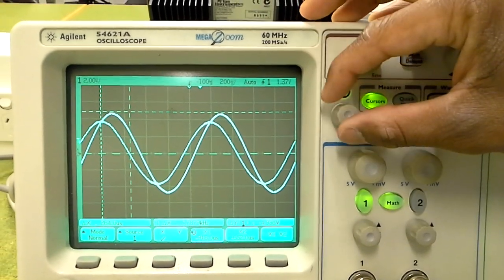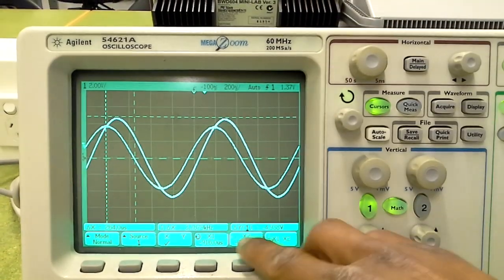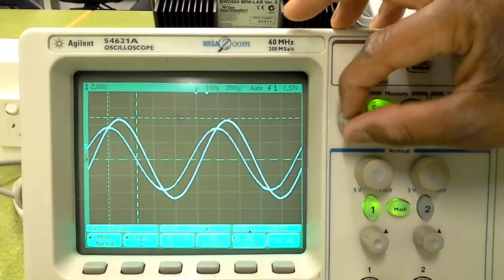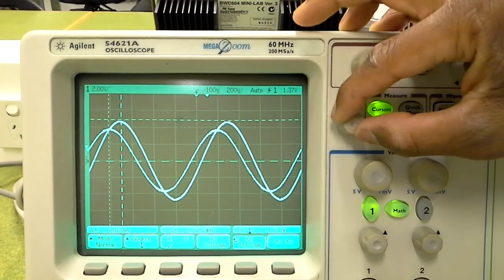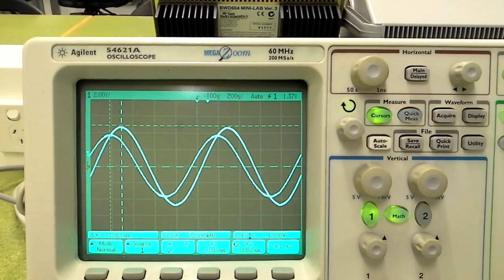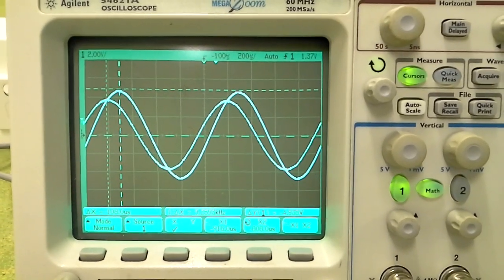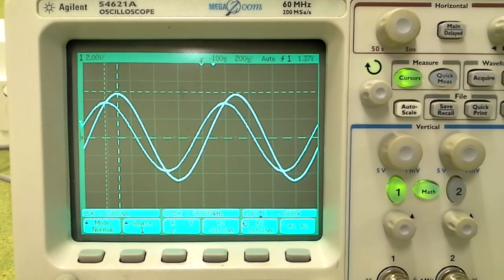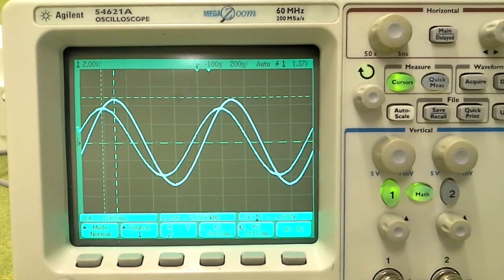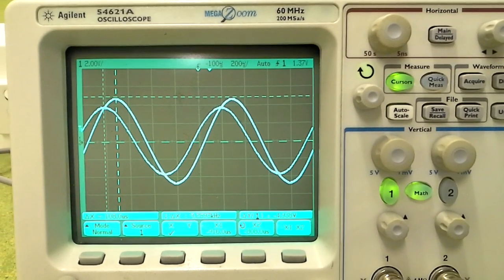We set x1 at the peak of Vr, and we position x2 at the peak of Vs. So the time difference is 108 microseconds. The corresponding phase difference is 108 microseconds over 1 millisecond times 360 degrees.